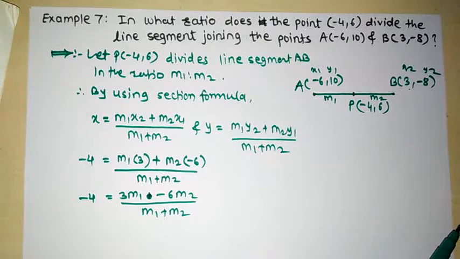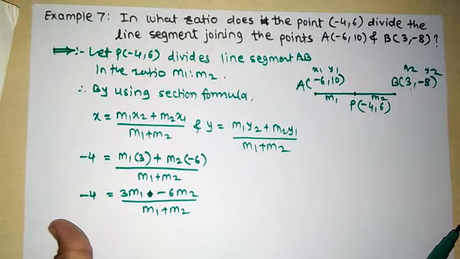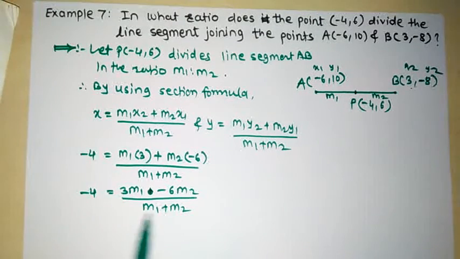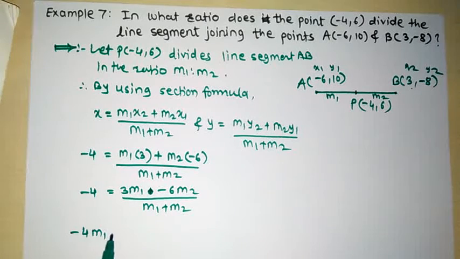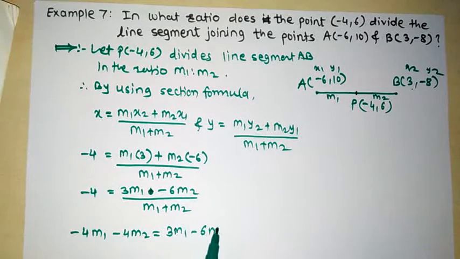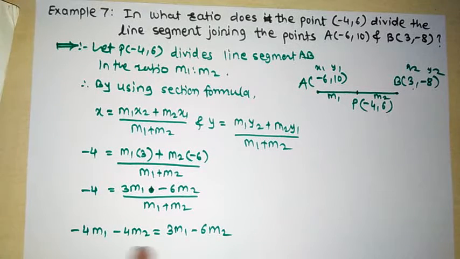Now send this M1 plus M2 towards left hand side. Therefore it will go in a multiplication, that is minus 4 into M1 plus M2 it will become. See here, after sending this M1 plus M2 we will get minus 4 into M1 minus 4 into M2, which is equal to 3 times M1 minus 6 times M2 we got here. Now send these two terms from the left hand side towards the right hand side.